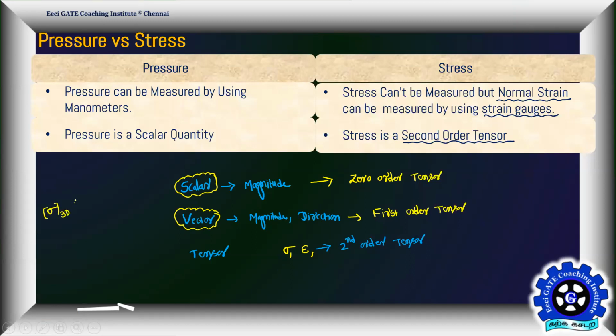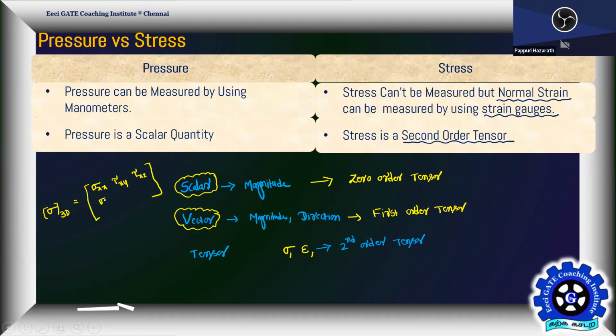9. To represent this: sigma xx, tau xy, tau xz; tau yx, sigma yy, tau yz; tau zx, tau zy, sigma zz. 3 by 3, total 9 quantities required to represent stress induced at a point.